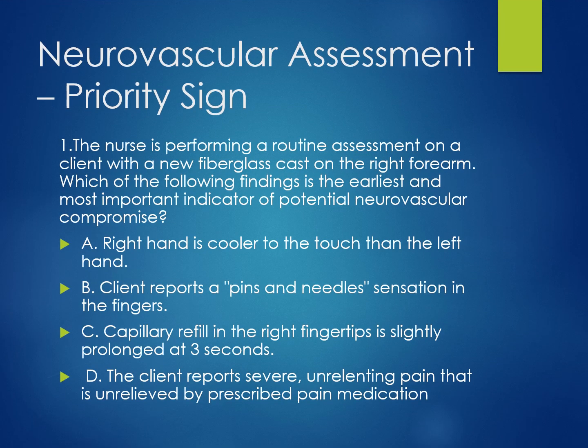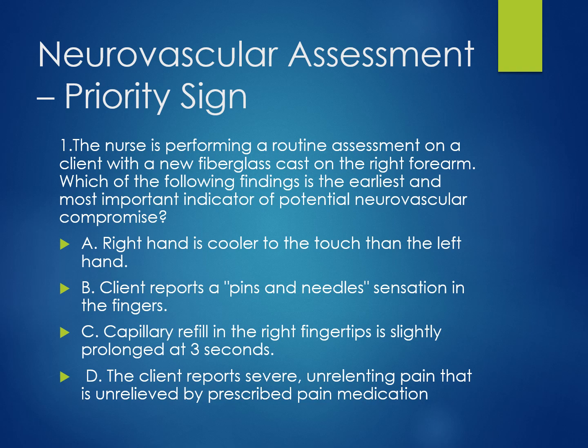So let's look at our first question, which is under neurovascular assessment. The question goes: the nurse is performing a routine assessment on a client with a new fiberglass cast on the right forearm. Which of the following is the earliest and most important indicator of potential neurovascular compromise? Option A, the right hand is cooler to touch than the left hand.